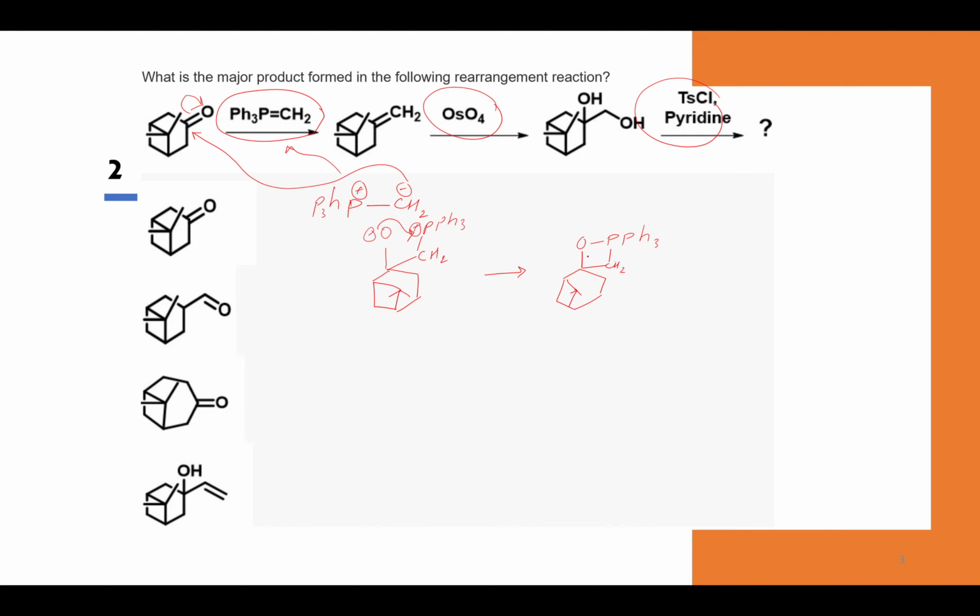Now what will happen in the next step? Elimination of triphenylphosphine oxide will take place, followed by a double bond at the place of the carbonyl carbon.